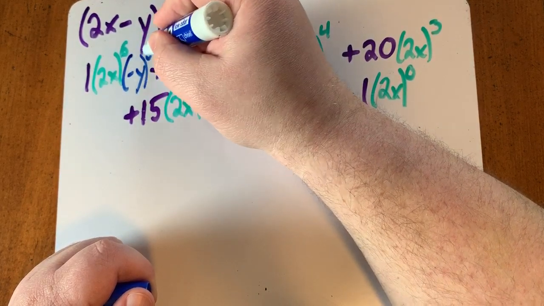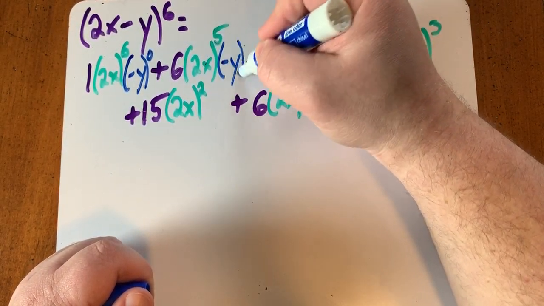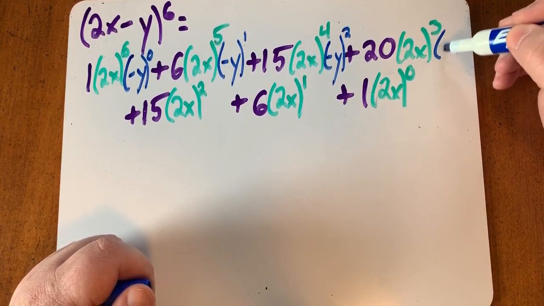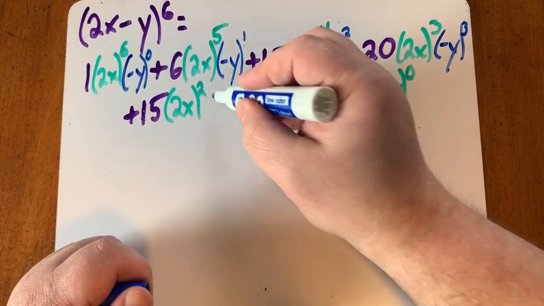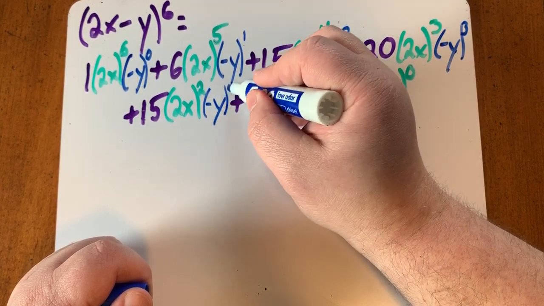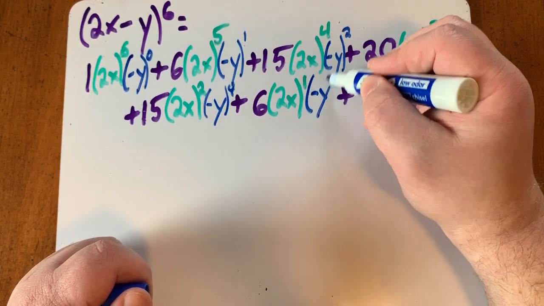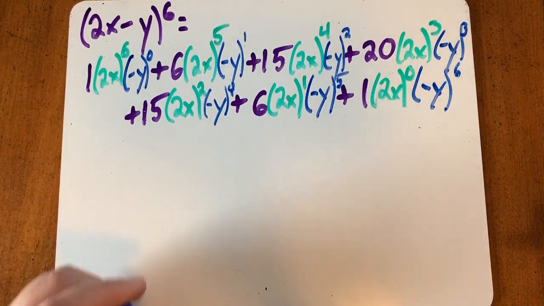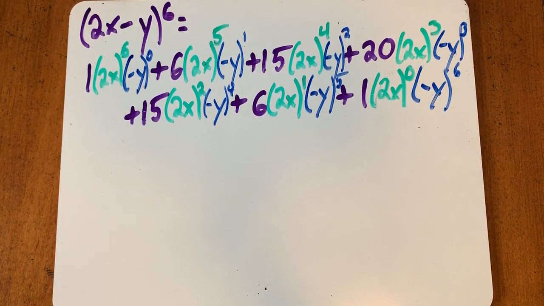Negative y to the 0, negative y to the 1, negative y to the 2, negative y to the 3, negative y to the 4, to the 5, and to the 6th. And evaluating that will give us our endgame.